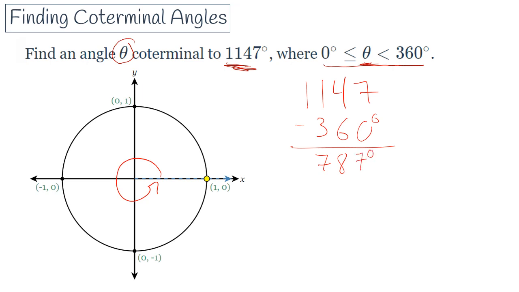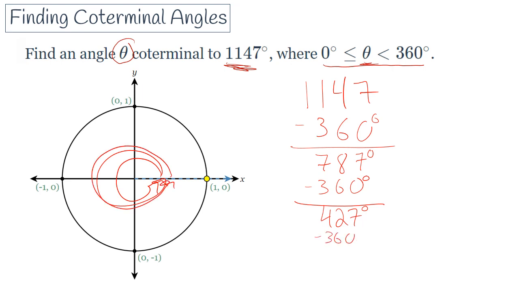That angle is still not less than 360, so you subtract another 360, or you go around the circle a second time, and you get down to 427 degrees. Still bigger than 360, so we go around a third time and subtract 360 more, and you get 67 degrees.